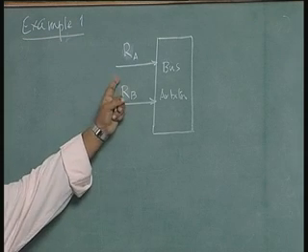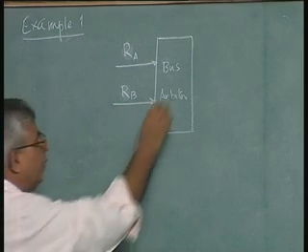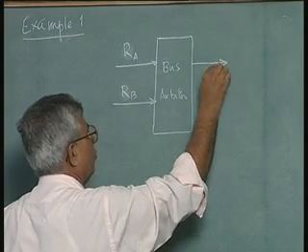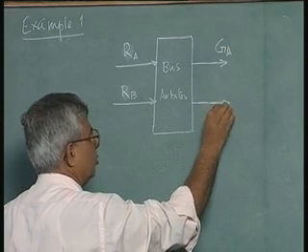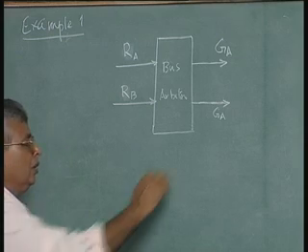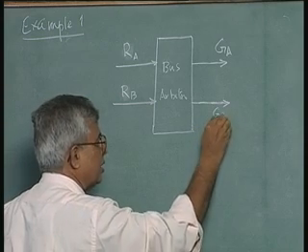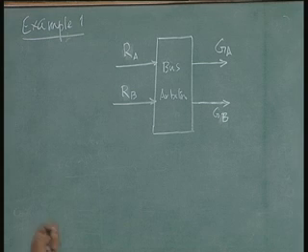Request from system A and request from system B come, and if the bus is granted to system A signal GA is generated, if the bus is granted to system B, signal GB is generated. This is the overall system, I have not partitioned it yet.